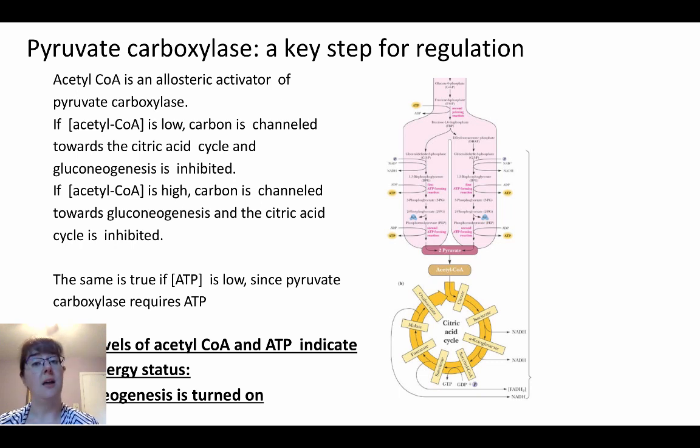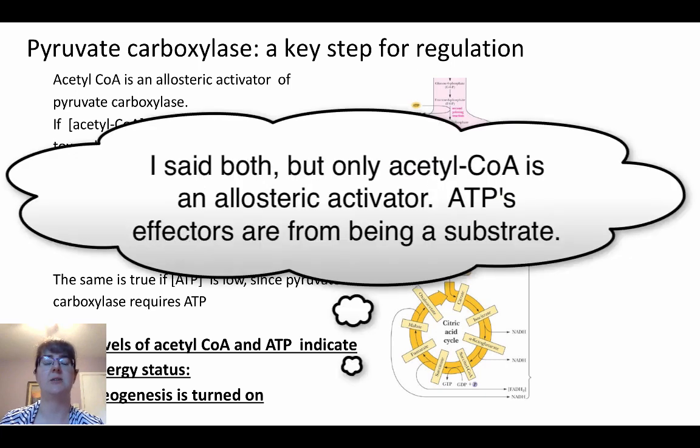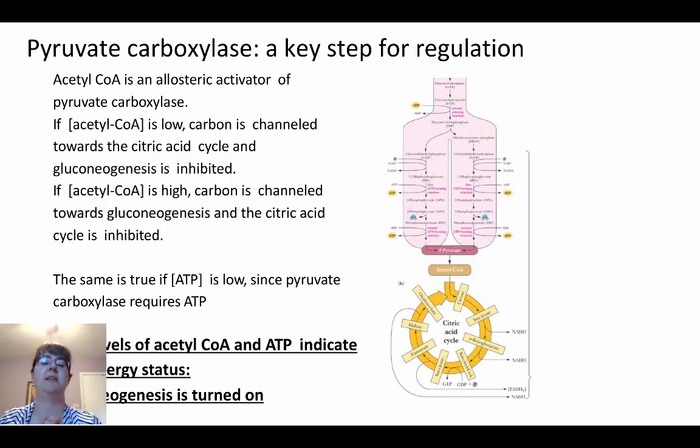But if ATP is low and the cell is low on energy, then it's not going to expend energy to make glucose. And you can see that both in the fact that that enzyme requires ATP. So again, high levels of acetyl-CoA and ATP indicate a high energy status. So gluconeogenesis is turned on.